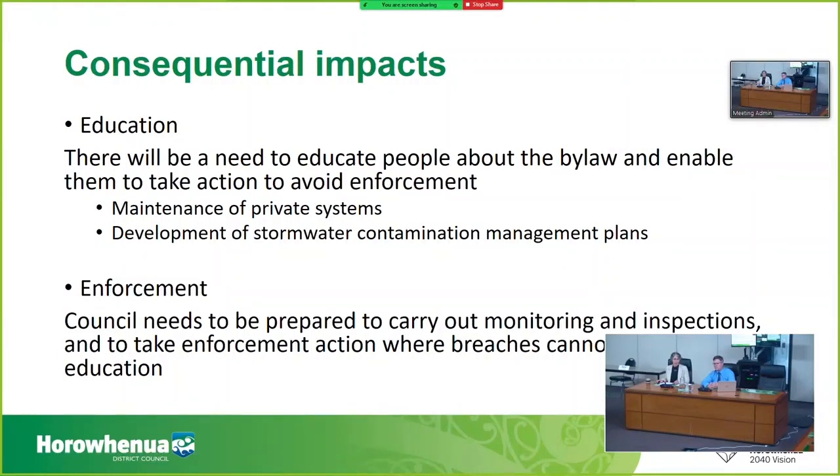So that's for the high-risk areas. And the next part would be enforcement. Council needs to be prepared to carry out monitoring and inspections and to take enforcement action where breaches cannot be resolved by education. So education is the first part, and the next part is enforcement.